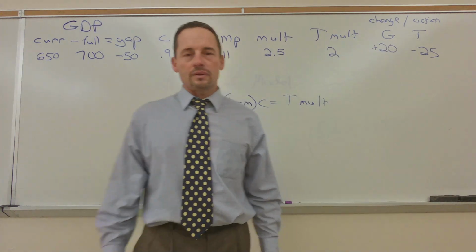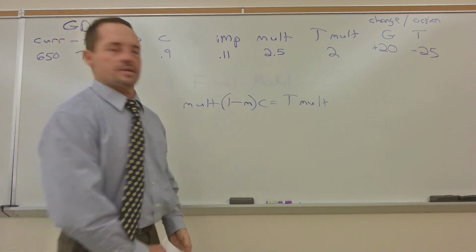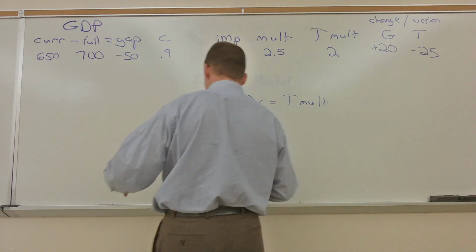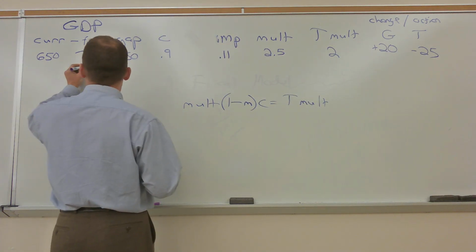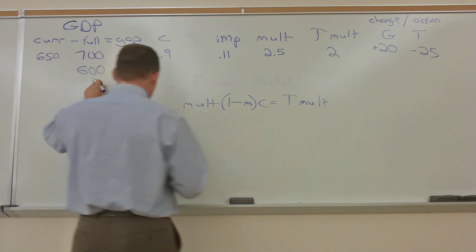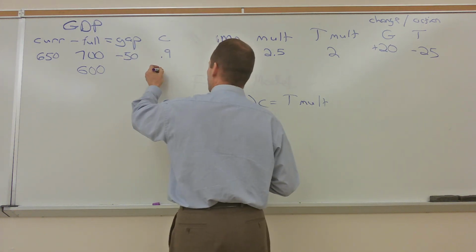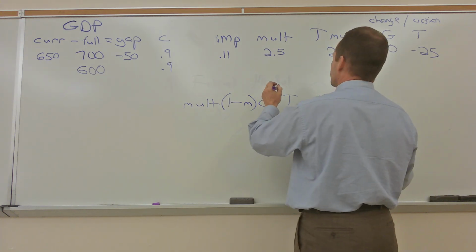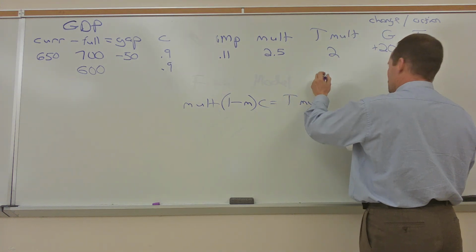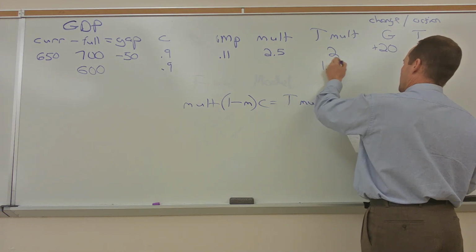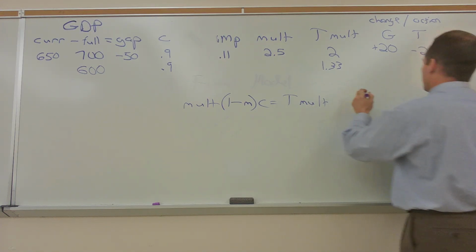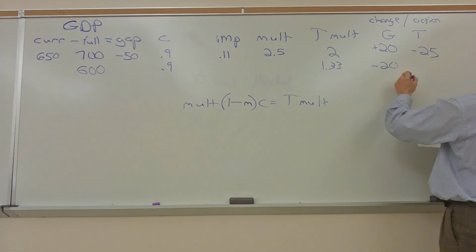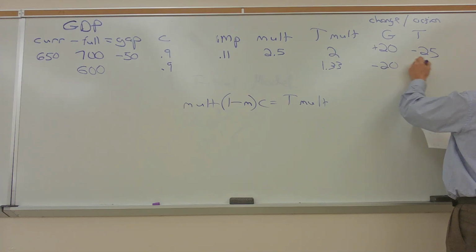Now, how about a second example? Yes, a second example. Let's say I give you 600. This is where the economy needs to be. I'll keep consumption at 0.9. Let's say our T multiplier this time is 4/3, or 1.33 repeating, and I'm telling you that we are cutting government programs by 20 and increasing taxes by 30.